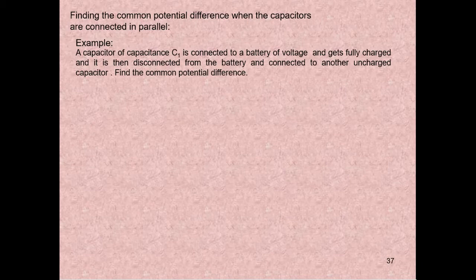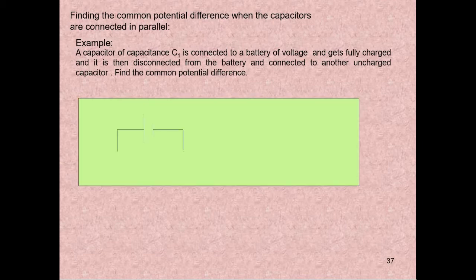Then find the common potential difference now between the capacitors. See here, this is a battery, there is a capacitor connected, one side positive, the other side negative. There is another uncharged capacitor. So this capacitor is disconnected from here and connected to it. This was initially uncharged. Only this was charged from the battery.